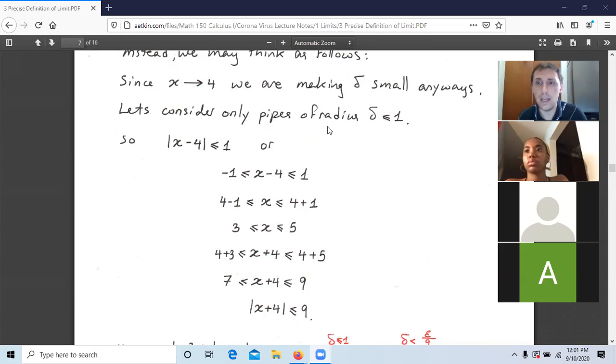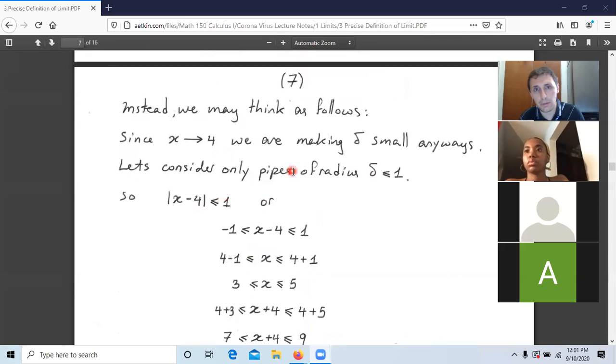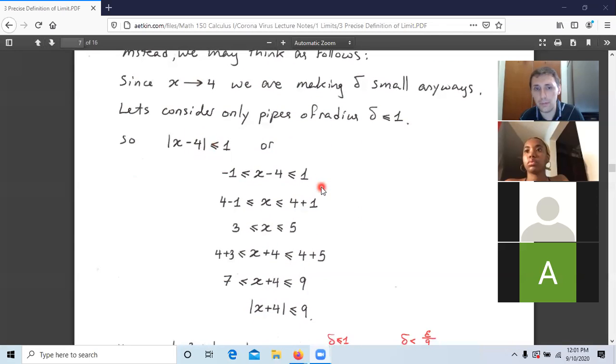And if my pipe is of 1 unit or less, then I follow up this construction. I want to know how big X plus 4 can be. So I have that if X minus 4 in absolute value is less than 1, then X minus 4 is between minus 1 and 1. Yes? And that means that X is between 3 and 5. I just add 4.